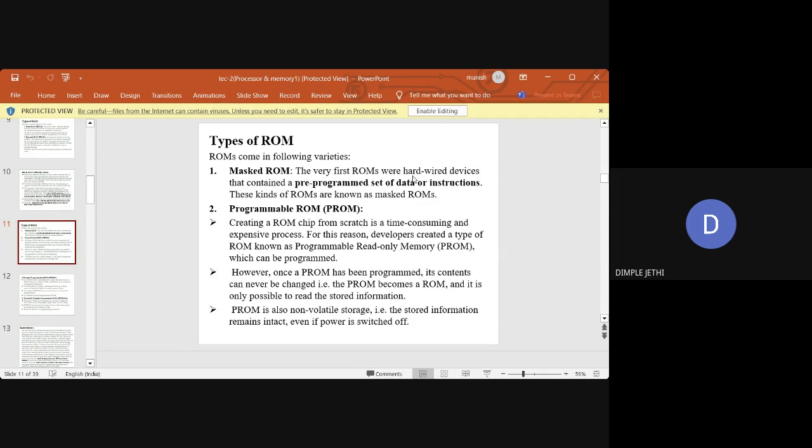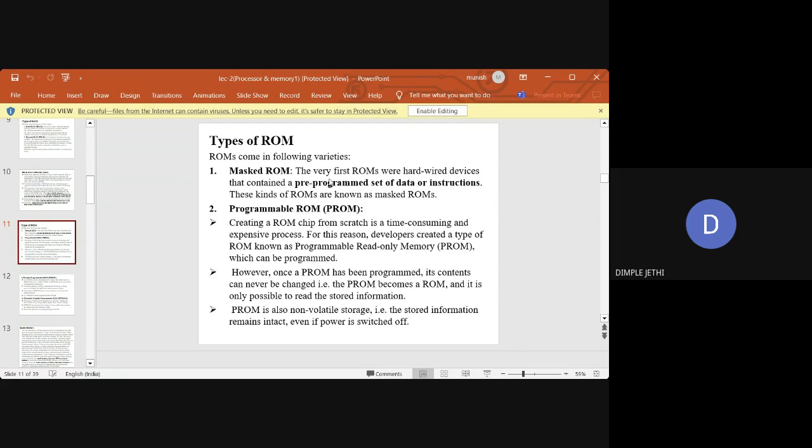Are you getting my point? There is no CPU picking up and executing the instruction; those instructions are built on the chip itself, through circuits made as per the instructions. Clear? So this is masked ROM, which we normally just call ROM.